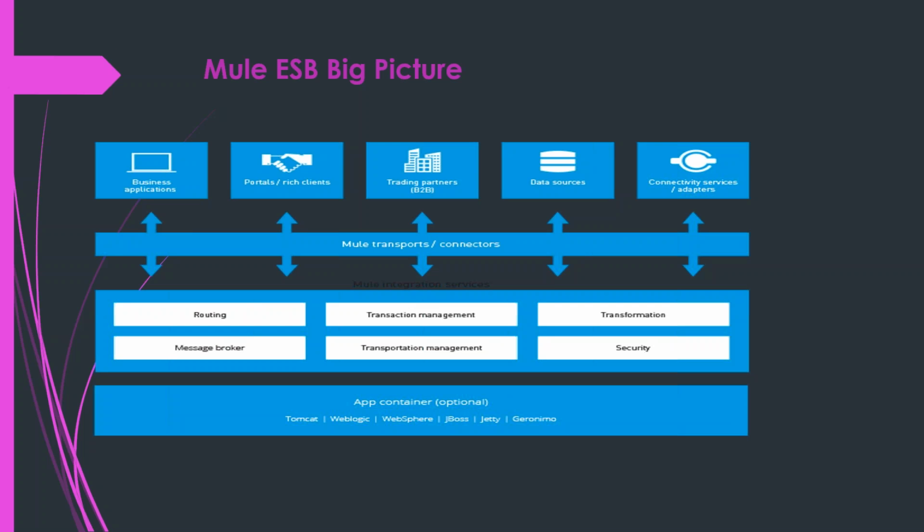So this is a high-level graphical picture of the Mule ESB, just to show what capabilities or functionalities it has. If you see the middle layer bus, it has a lot of transports and connectors. This is a place where we used to get confused a lot, even myself when I started learning Mule ESB. There is a slight difference between a connector and a transport.